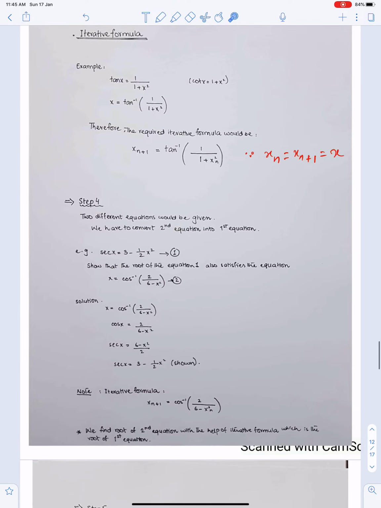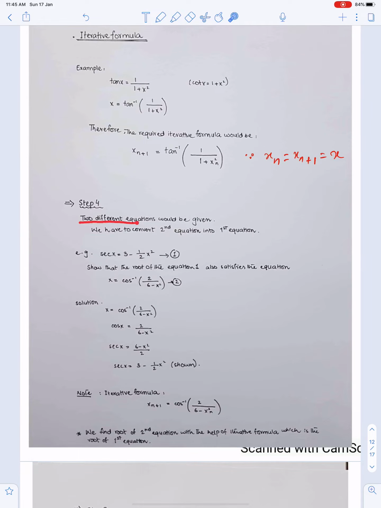Step number 4. They will give you 2 different equations and you have to convert the second equation into the first equation form. Like this. This is the equation number 1. And the question is, show that the root of the equation 1 also satisfies this equation.